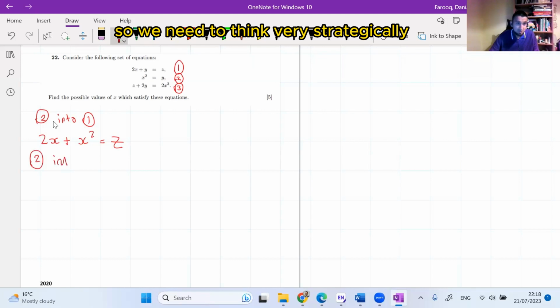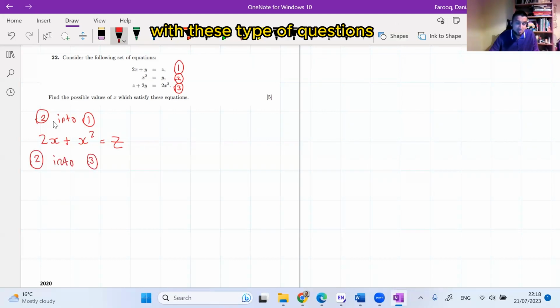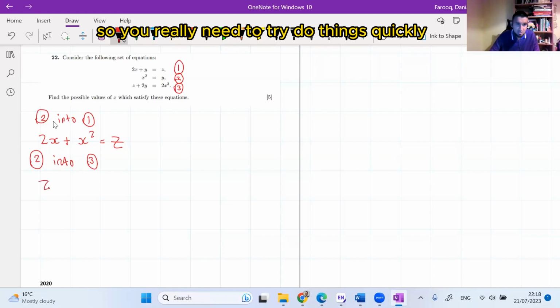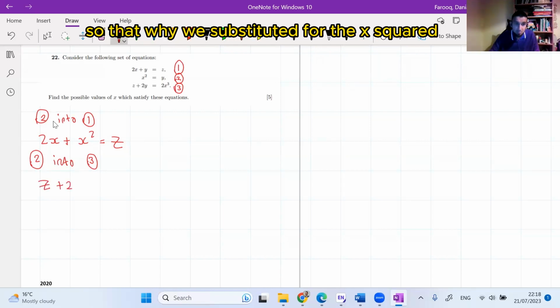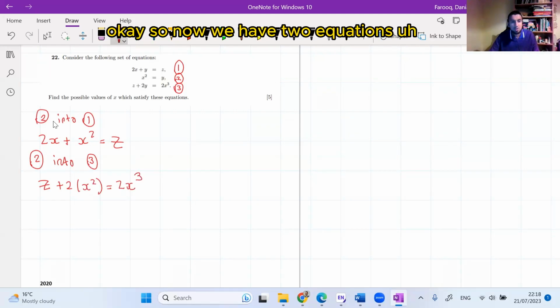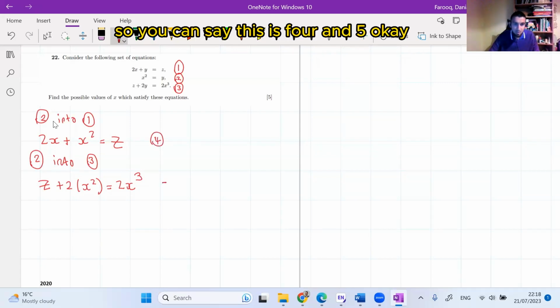So we need to think very strategically with these types of questions because, especially with the PAT, you don't have much time. So you really need to try to do things quickly. So that y, we substitute it for the x squared, and then that would be 2x cubed. So now we have 2 equations with z and x. So you can say this is 4 and 5.